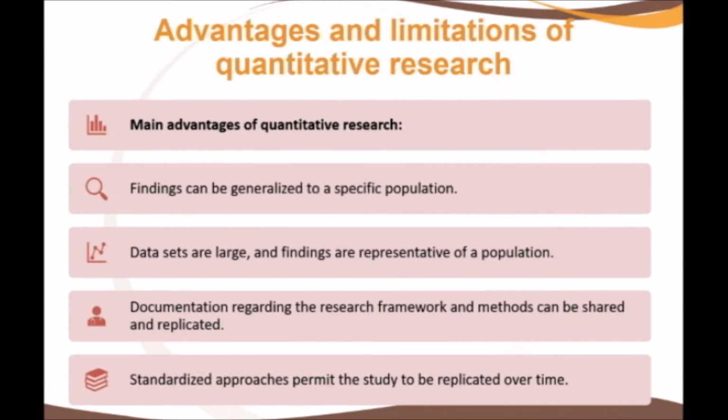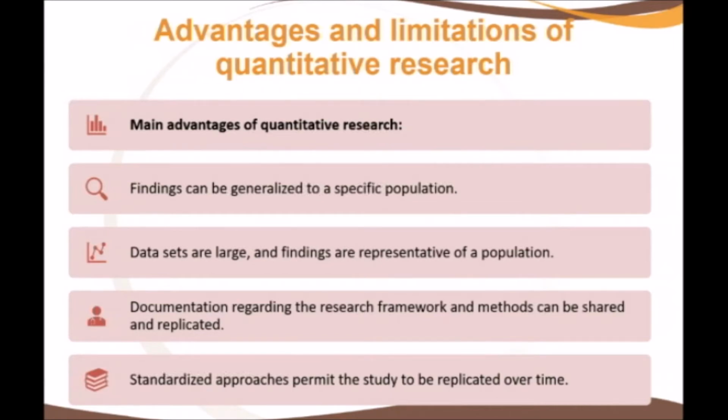So the other advantage that quantitative research has is that the data sets are large and the findings are therefore representative of the population, like I've just explained. And then documentation regarding the research framework and methods can be shared and replicated. I mentioned this earlier on. The main thing when your proposal or your research is assessed is your research framework.